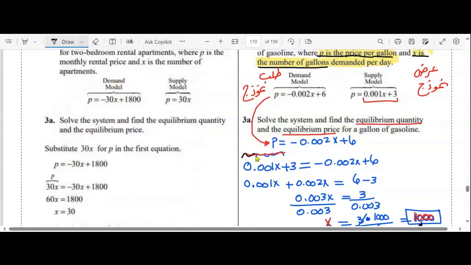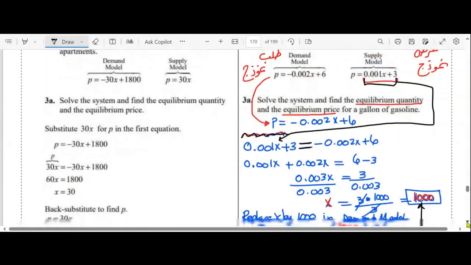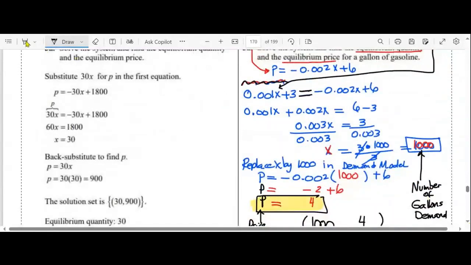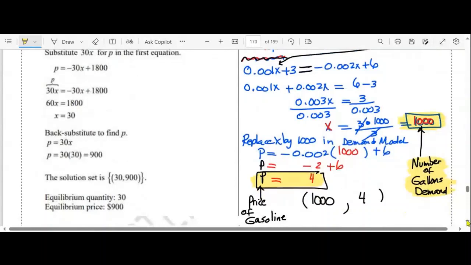Then make it equal and solve for X. X in this case equals how much? 1,000. So you get 1,000, the number of gallons demanded.